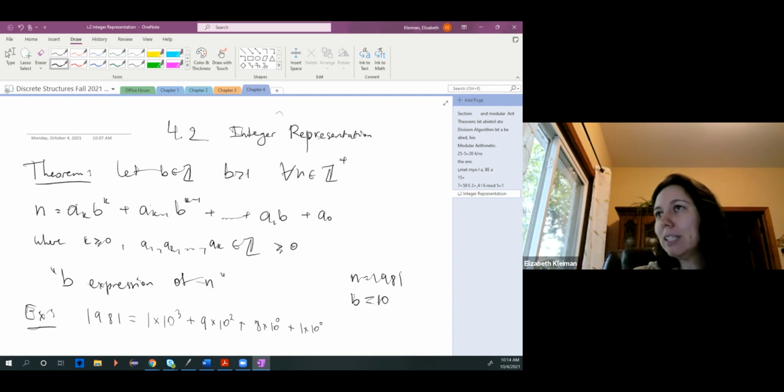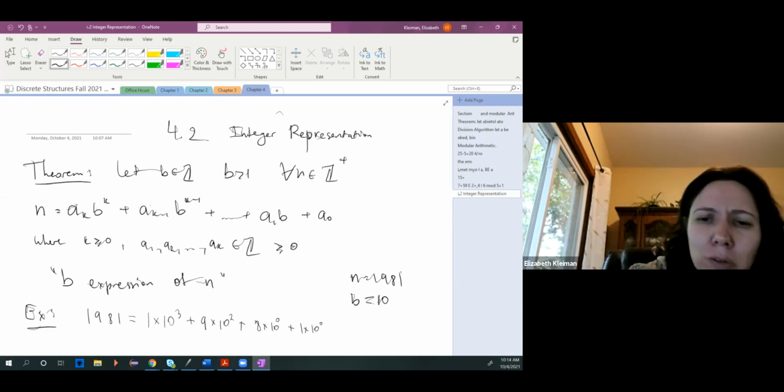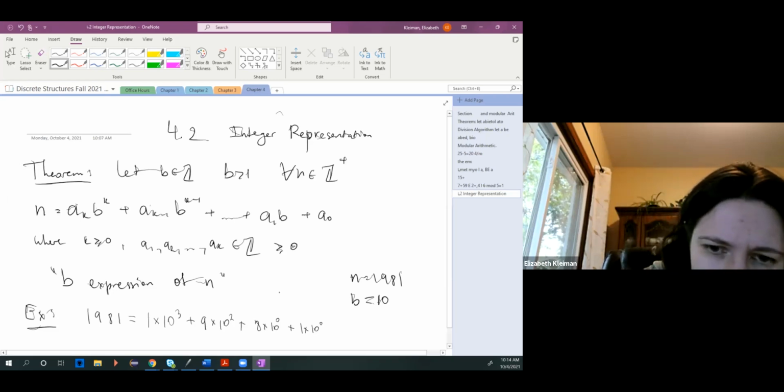And why is it important and interesting? This is 10 to the power 1. Yes, did I write zeros there? Yes, it is 1. It's just 10.